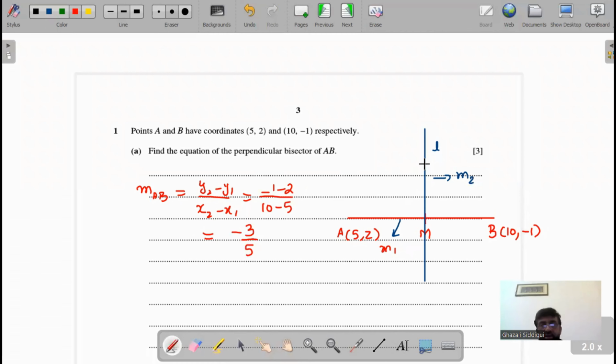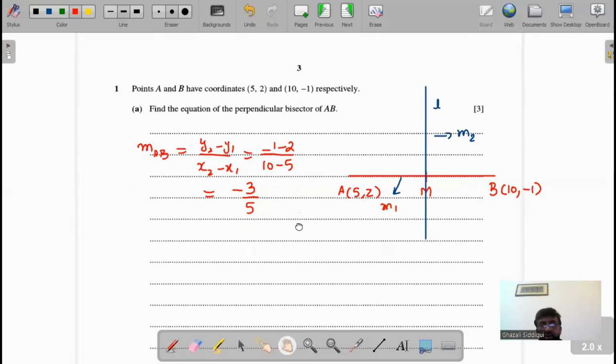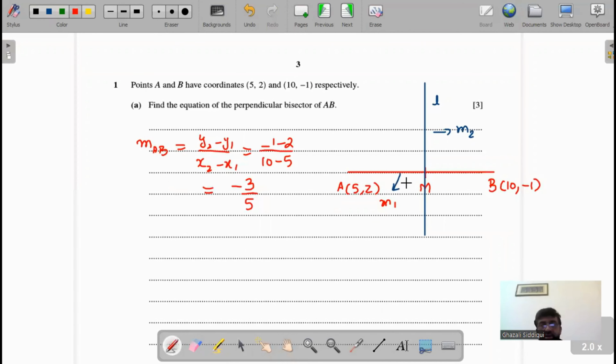We know the gradient of line L will be the negative reciprocal of the gradient of AB. The reason is that line L is perpendicular to AB, therefore the gradients are negative reciprocals of each other.